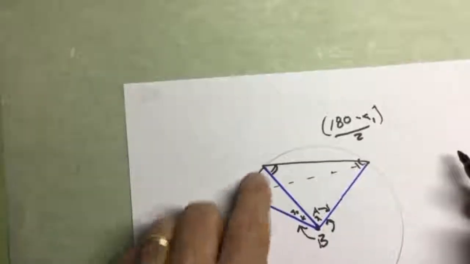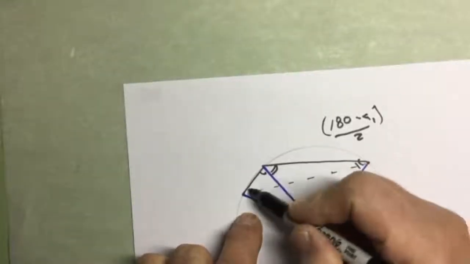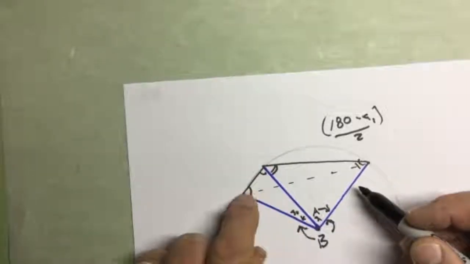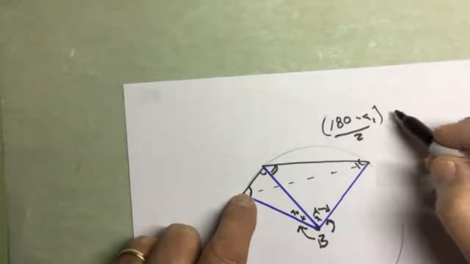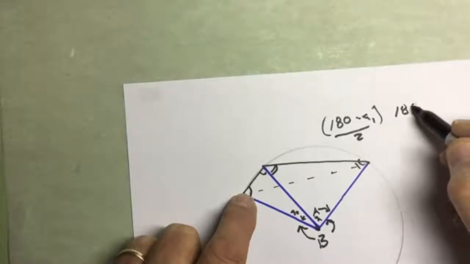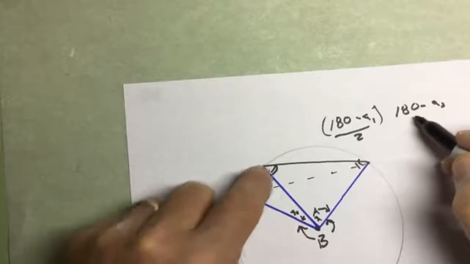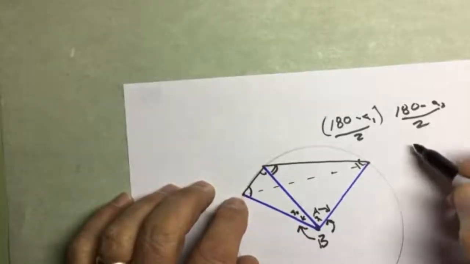And likewise, we can do the same for this triangle. This angle is equal to this angle because this is an isosceles triangle, and the size of that angle is equal to 180 degrees minus A2, and since there's 2 angles, they're divided by 2.